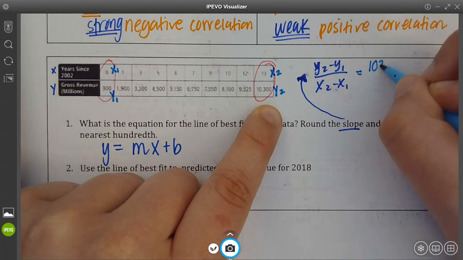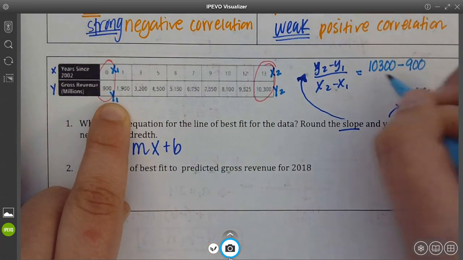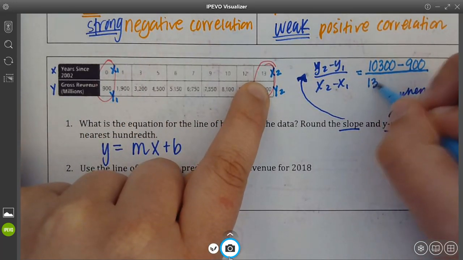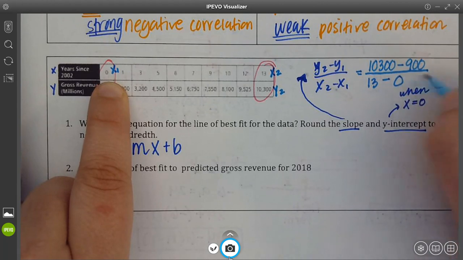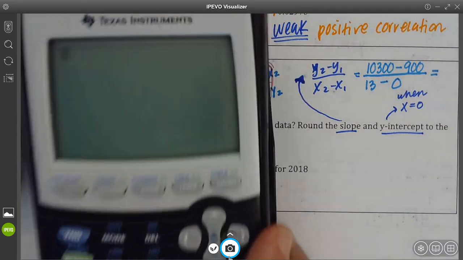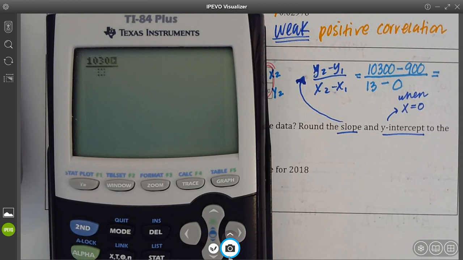y2 is 10,300 minus y1, which is 900, divided by x2, which is 13, minus x1, which is 0. Now, this is something we can simplify using a calculator. I like to just type everything in how I see it in my fraction. You can do this on Desmos if you need to. 13 minus 0.